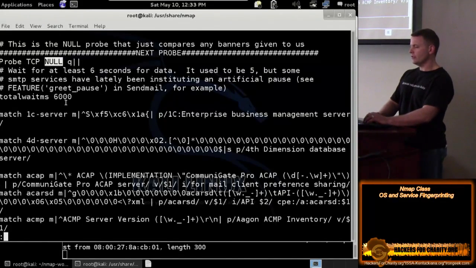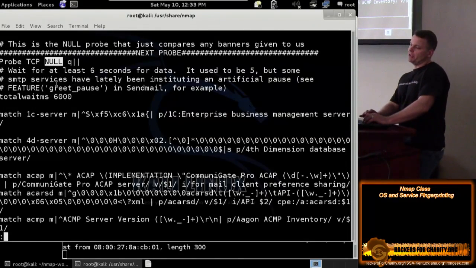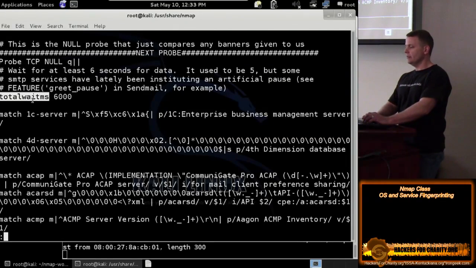So this one is just simply a null. It really is the most basic of all probes, and then it has a little description. And it waits for about 6 seconds to see if there's going to be any information given out by the service. And the service may or may not respond.